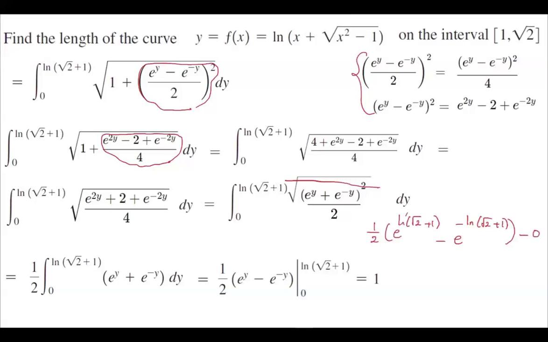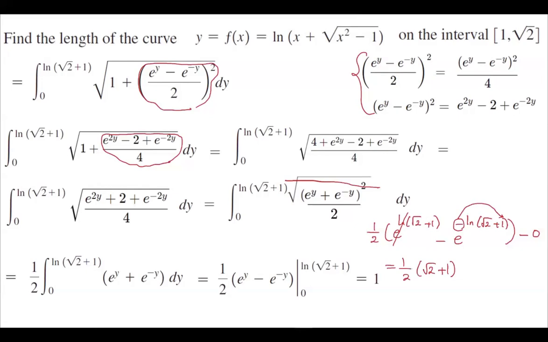But remember that e and ln get cancelled out, so you have a half (square root of 2 plus 1) and minus, so here you have the negative sign. You can take this negative sign and write this as the exponent of square root of 2 plus 1.